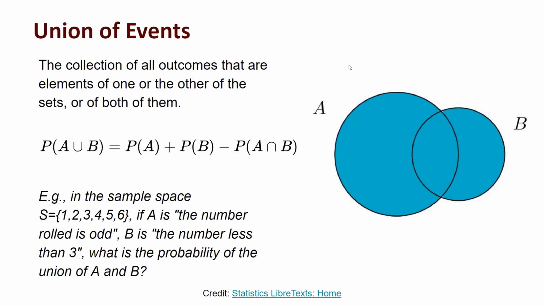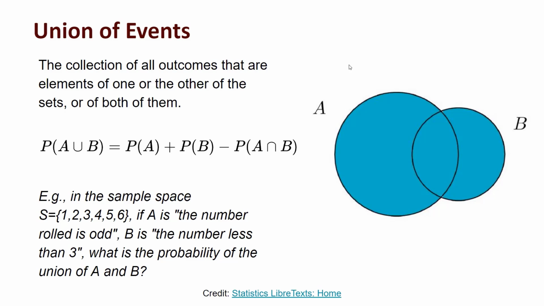But now, if you simply do P(A) plus P(B), it will be 5/6. And then P(A and B) is what? It's simply 1/6. So you subtract that from P(A) plus P(B), you get 4 divided by 6, which is 2/3.